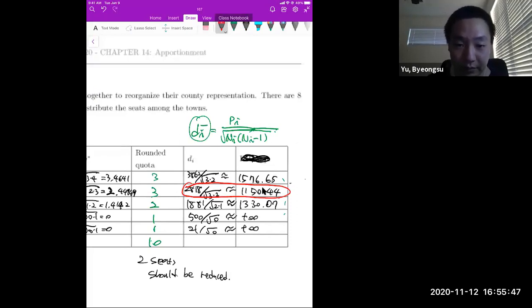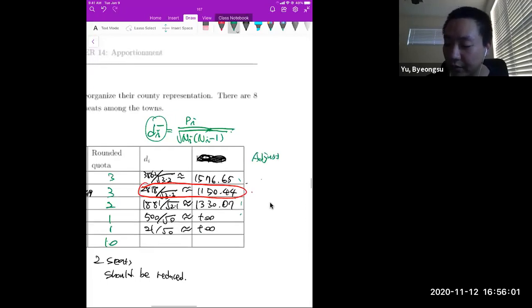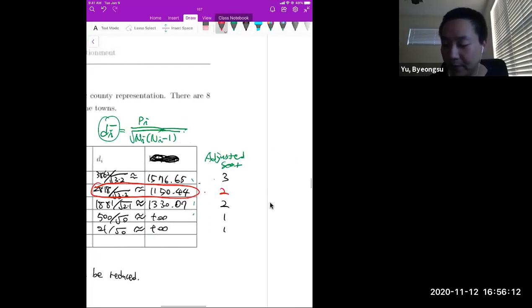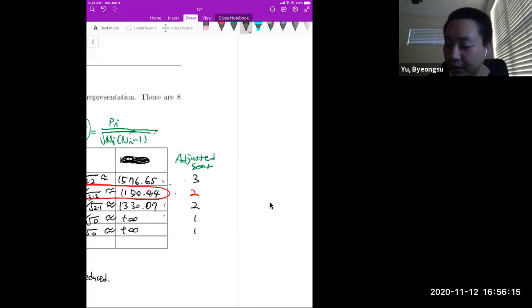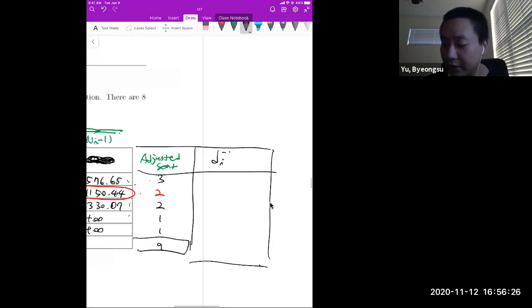So in this case, you need to take one seat away from here. The adjusted seats should be 3 the same, 2, 1, 1 the same, but the second should be reduced to 2. Then again, if you add all the numbers, it is still 9, which exceeds the size of the house, which is 8. So you need to calculate the divisor again.